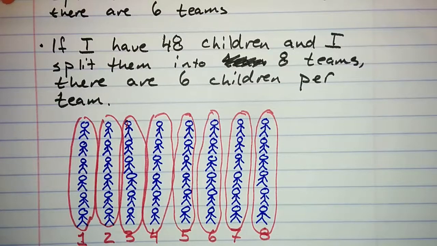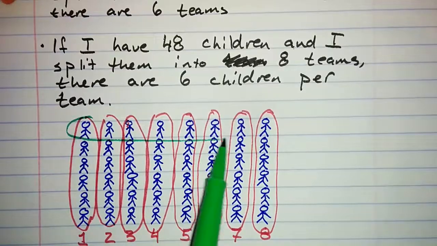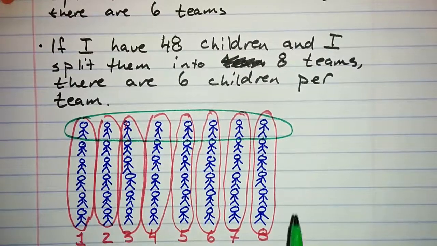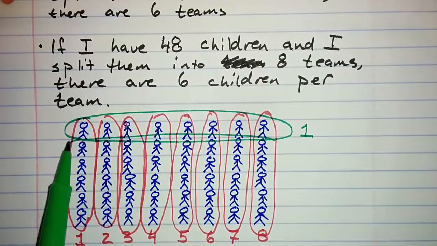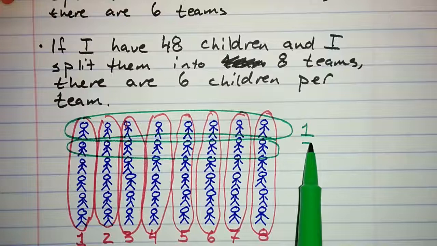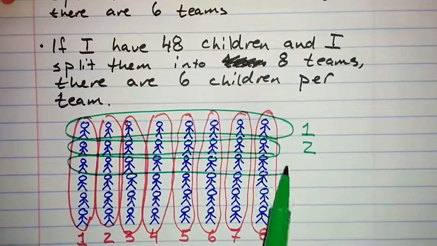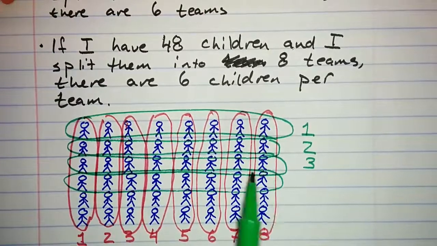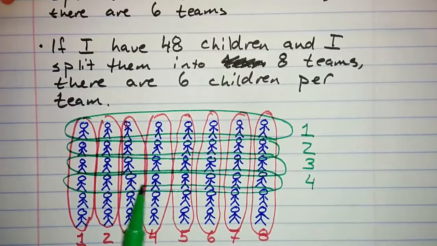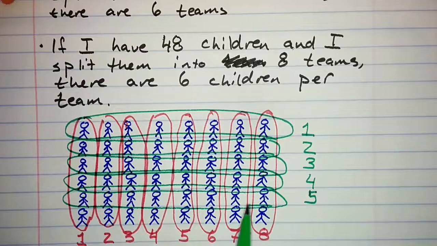On the other hand, if I wanted to choose teams of 8, right, what would I do? I would count 8 children, and I would tell them that they were team 1. And then I would count 8 more children, and I would tell them that they were team 2. 8 more children, they're team 3. 8 more, they're team 4. 8 more, they're team 5.